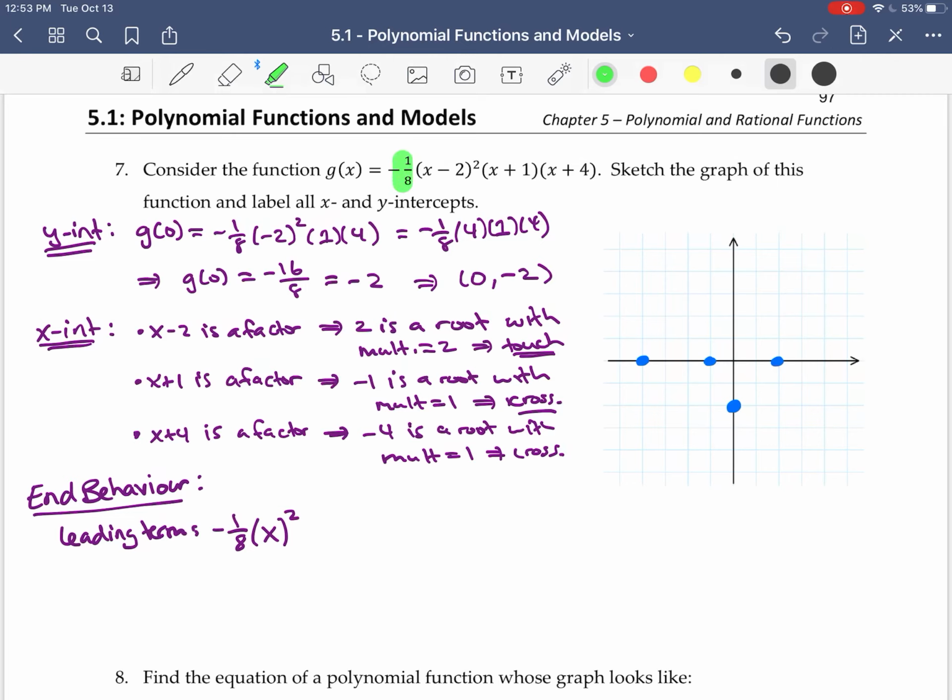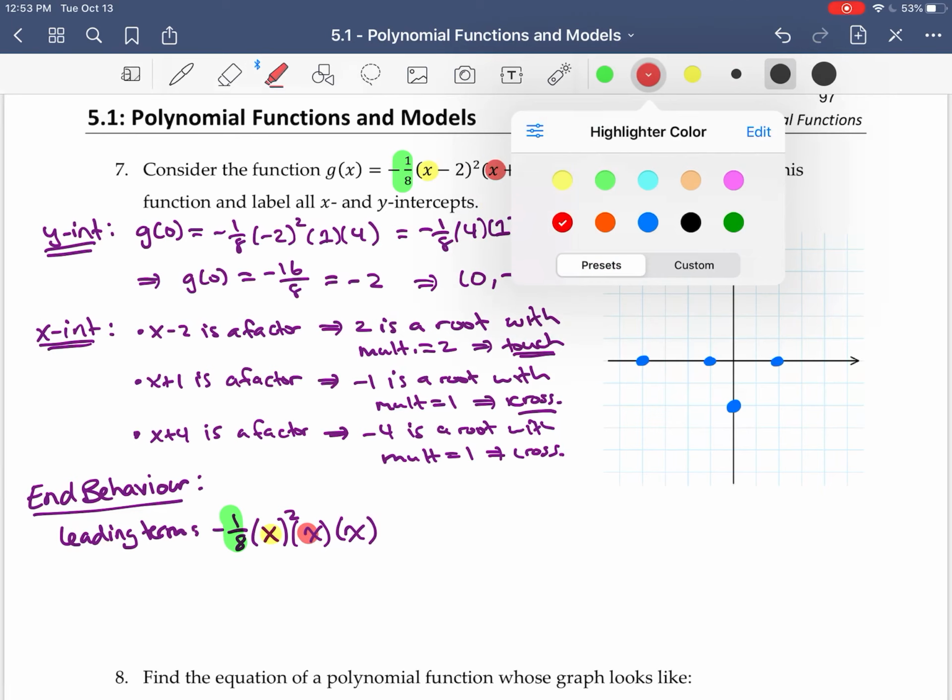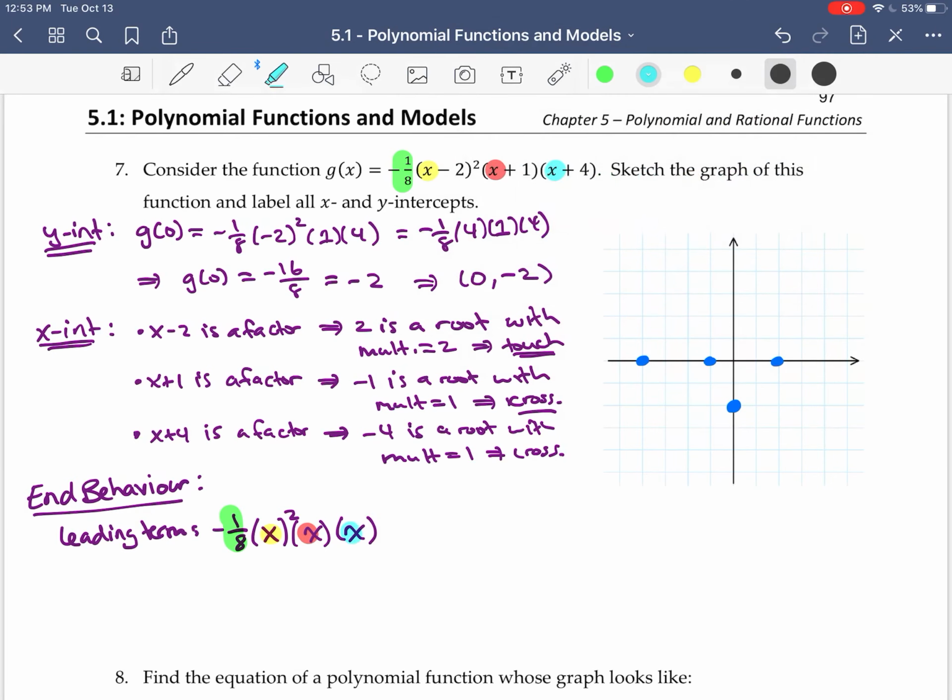Okay, so negative 1 over 8 is there, and then I take the x from the second piece, and then I want to take the x from the third piece. Okay, and that's going to be just x, and then also the x from the fourth piece, and that's going to be that x there. Putting all that together, I get negative 1 over 8 x to the 4.